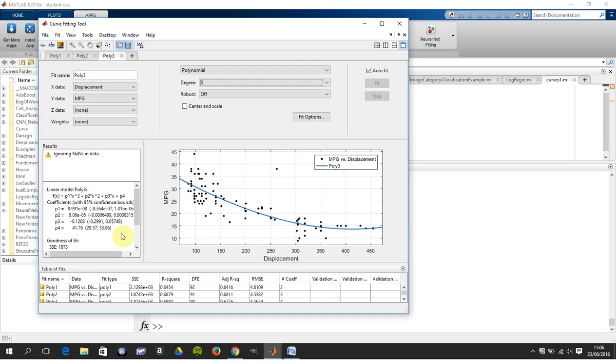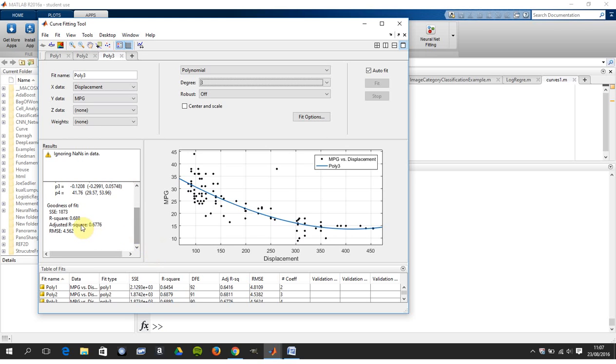So the coefficient of the x cubed is 8.9 by 10 to the minus 8, very small. The coefficient of the x squared is 9.8 by 10 to the minus 5. That is 0.128, and where it hits the y-axis is 41.76.